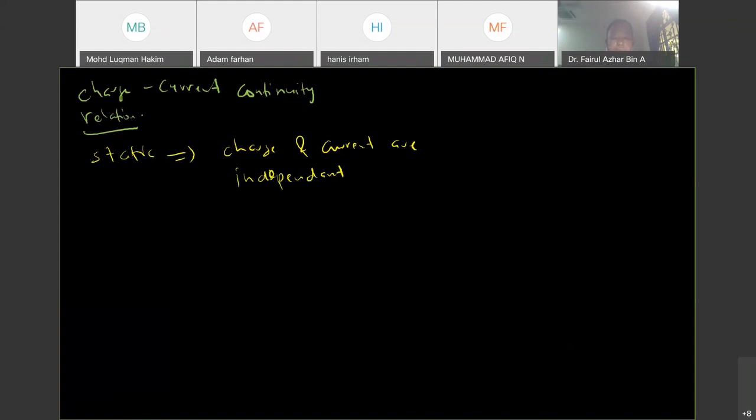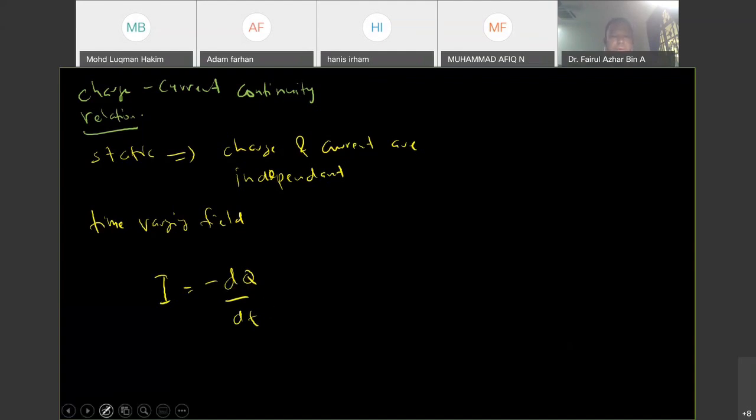But in a time varying field, both charge and current will be integrated with one another. So we have I equal to minus dq divided by dt. I think you have learned this during your physics course.